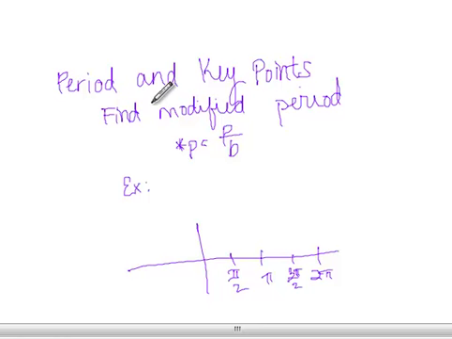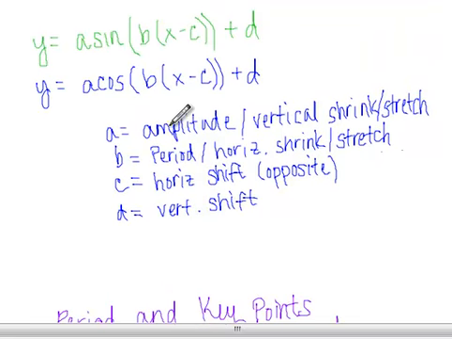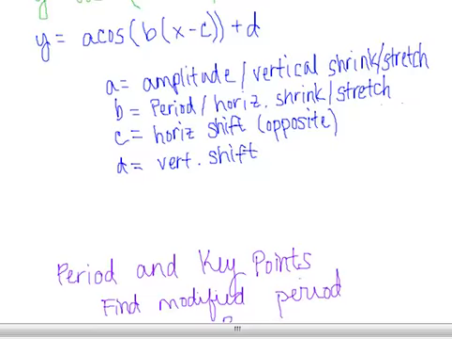So the period will be calculated by our typical period divided by b. An example is if I had sine of 2x. Here we have some sort of multiplier directly onto the x. That's a period change, some sort of horizontal stretch or shrink.